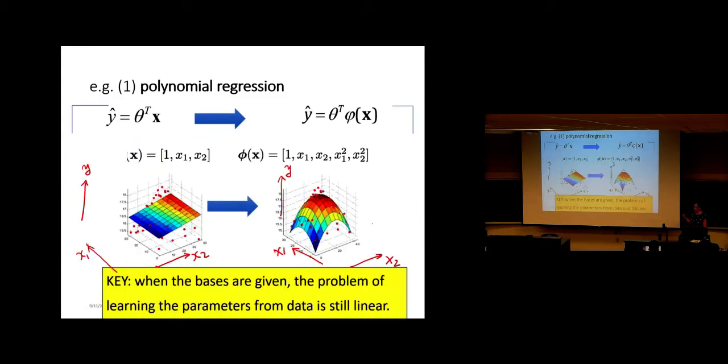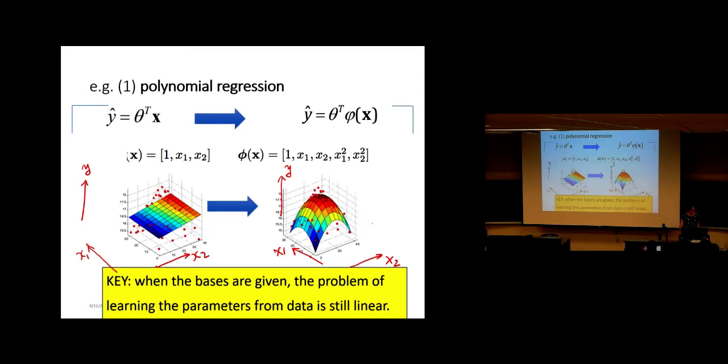So this is the 1D case. If you have original features like x1, x2, we actually emphasized the linear model in the 2D case. It's a plane, right? What you learn is a plane. And you can also augment this x into phi x by adding x1 quadratic and x2 quadratic. Then what you learn is more like a half dome shape, like a bell shape or bowl shape, something like those.